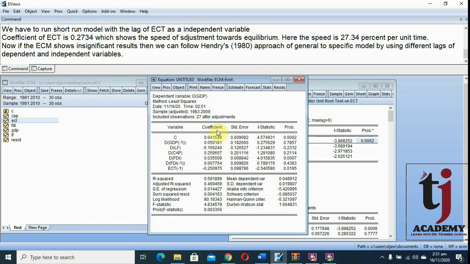Like this. So this is the model. This would be the speed of adjustment now, and it is also negative and significant. So in this way we can increase the fitness of our model or significance of our model in the short run or in long run adjustment.